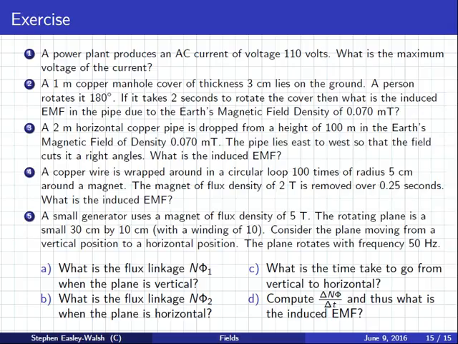Go on. Why do we take area, not volume? The formula has area in it. Yeah, but why is it area? Ask Faraday. Because if it was the volume, it would make sense.